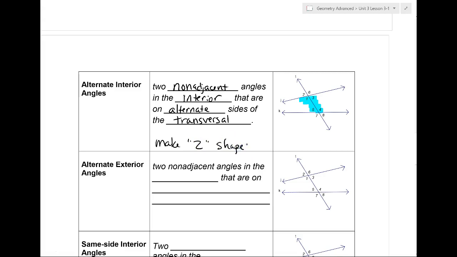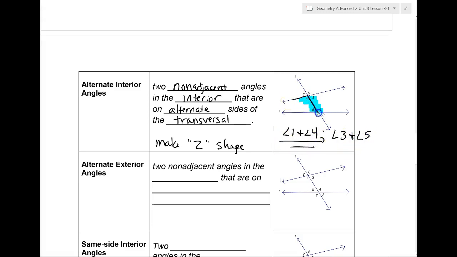Now, think about this. 1 and 3, are they on alternate sides of the transversal, right? But the problem is 1 and 3 are what? So what's left for 1 to go with? Yeah, so you get angle 1 and angle 4 are a pair. And then you're going to have angle 3 and what? 5? All right, guys, let's look at just angle 1 and angle 4.